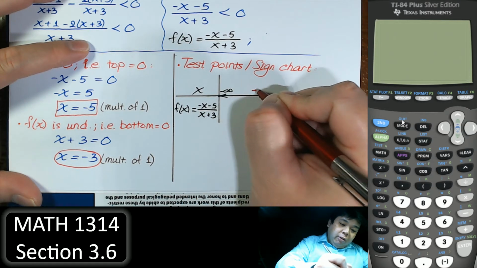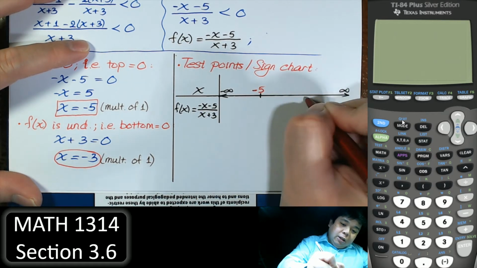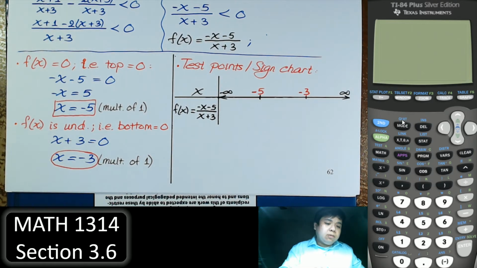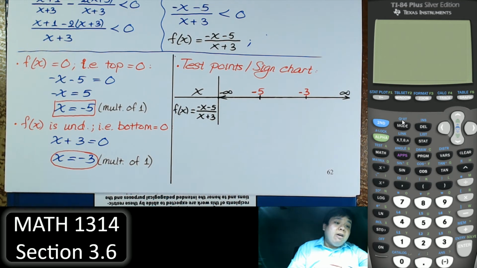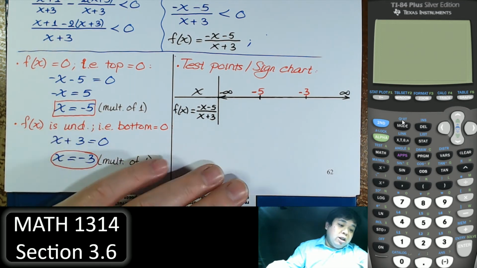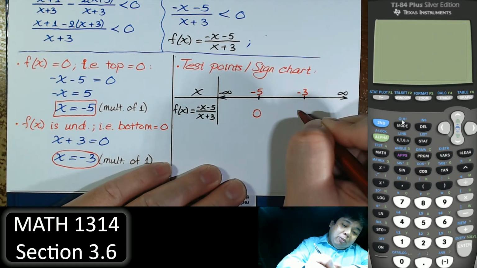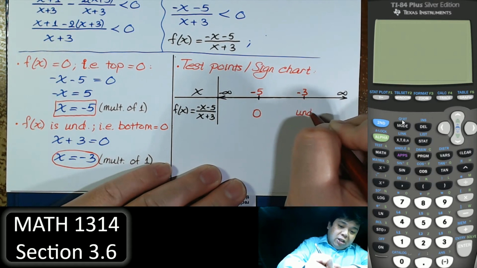So we have negative 5 and negative 3. Right, negative 5, we make the top equal to 0, we make the function equal to 0, and negative 3, make the bottom equal to 0, so the function is undefined.